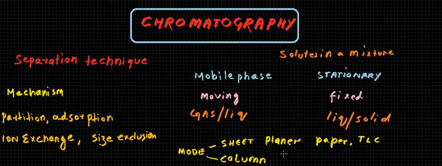That may be like gas chromatography, liquid chromatography, or ion exchange chromatography, or gel permeation chromatography, or size exclusion chromatography. These all can be done by means of columns or even HPLC, etc.